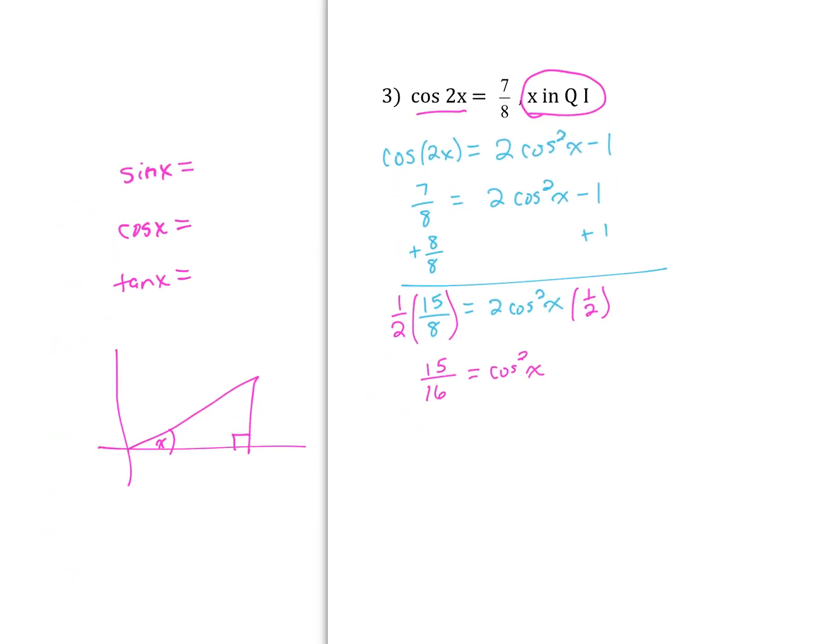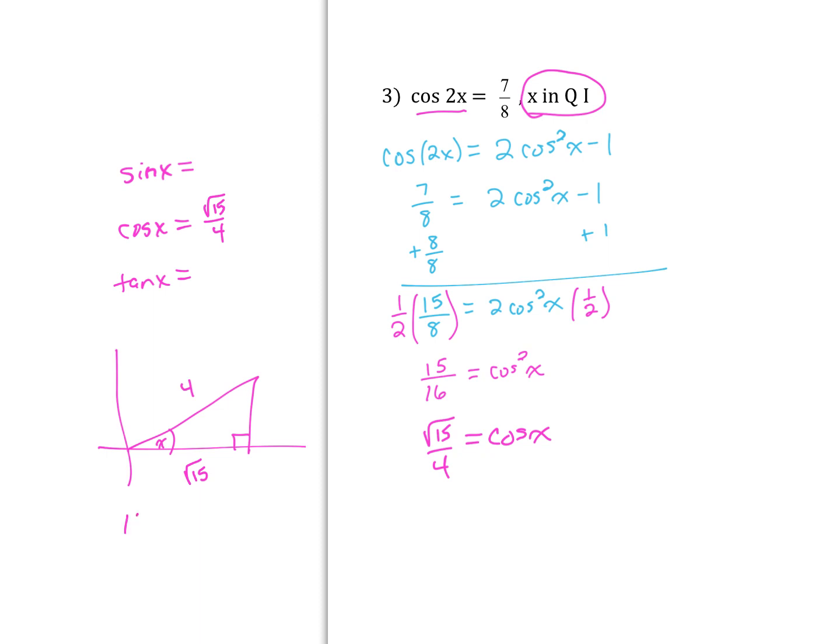So when I take the square root, in this case I already know I'm in quadrant 1, so the square root of 15 over 4, that's my cosine. So that means this is the square root of 15. This is 4. We've got to do Pythagorean theorem to get the other side.